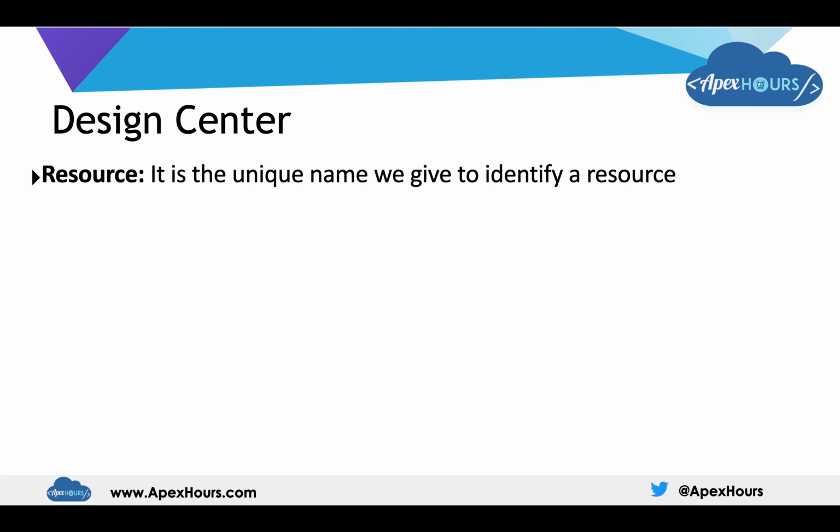Whatever is there after the DNS is called a resource. Resource is like, you have some task to perform, and to perform that task, someone has to call it. You have to give it a name. That name is nothing but a resource. It is the unique name that we give to identify a resource. For example, get order details is a resource name. Create order is another resource name. So that is called resource.